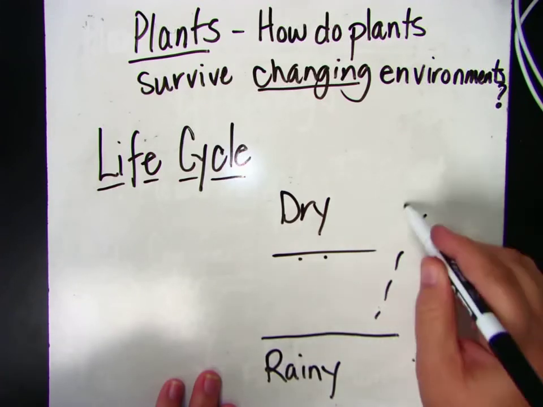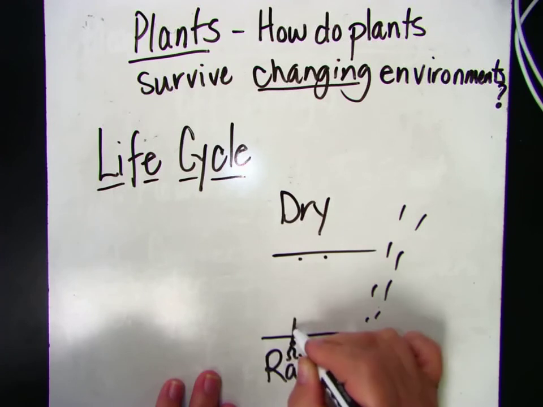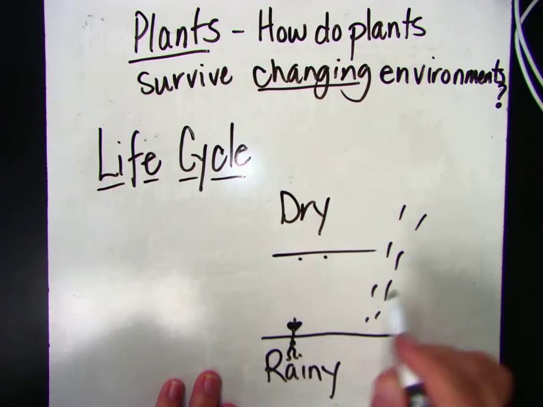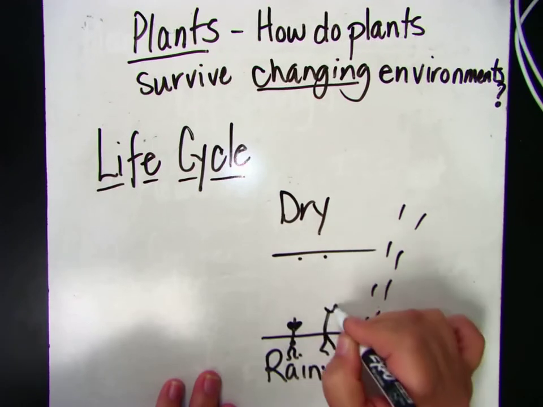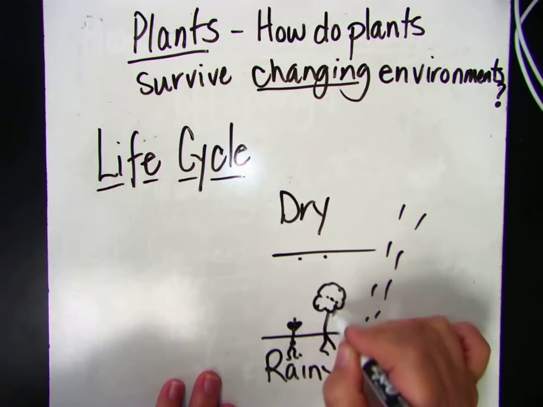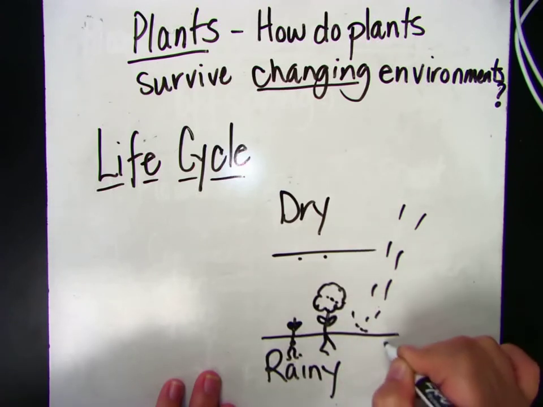So in the rainy season, the rain falls, and the little seed starts to germinate, okay, and it'll become a plant pretty quickly. So it'll start to come up, and then you'll have the flowering part, production of seeds, and then the seed dispersal, and then the plant will go dormant again.